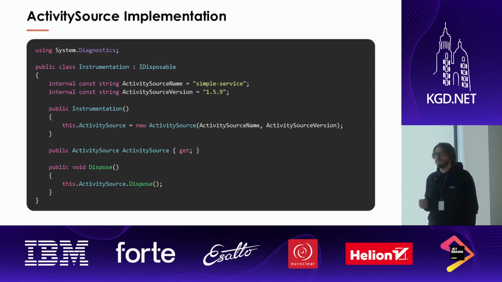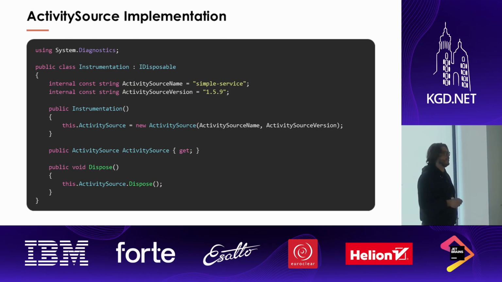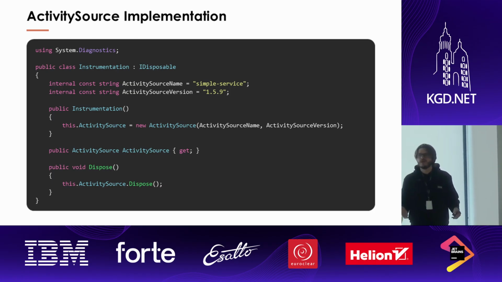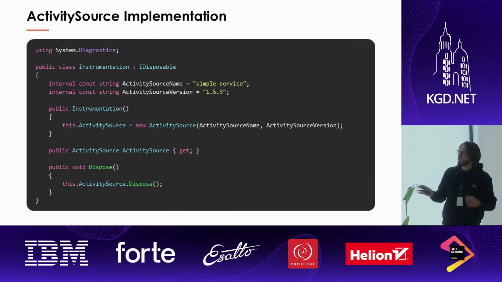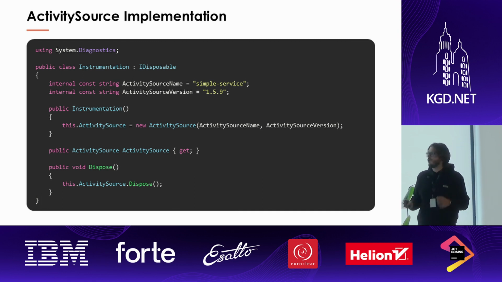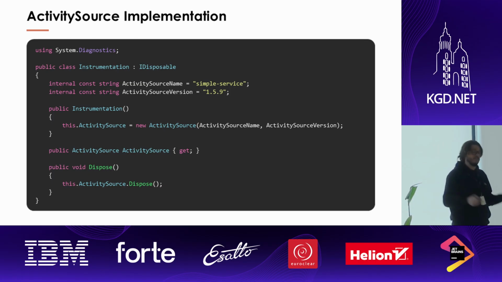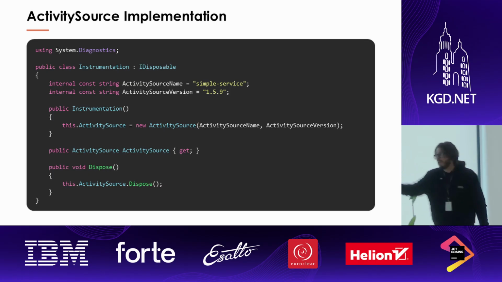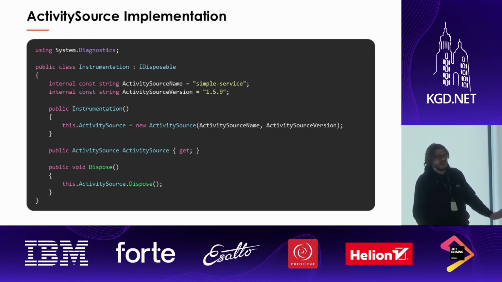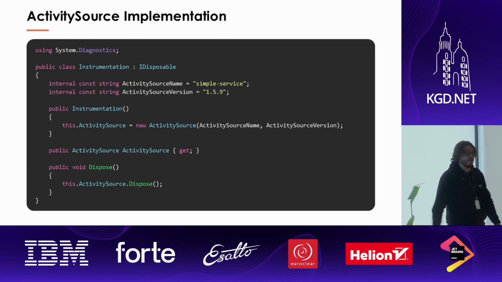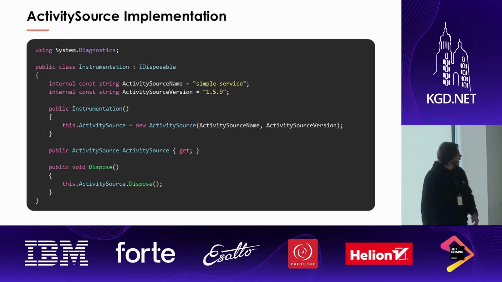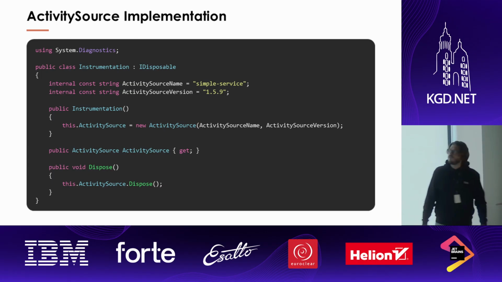And there is a thing. OpenTelemetry developers tell us that it would be better to use one activity source per service. Actually, you can create 2, 3, whatever you want, but they say, guys, please create only one and use only one.